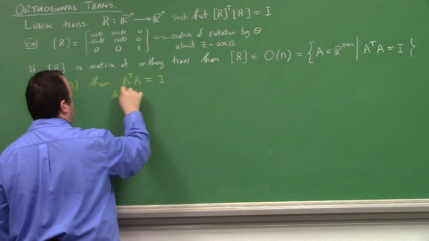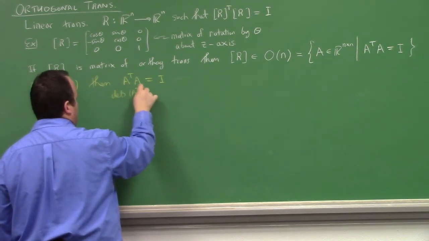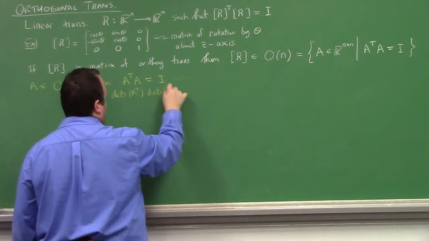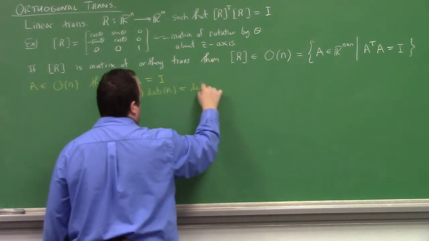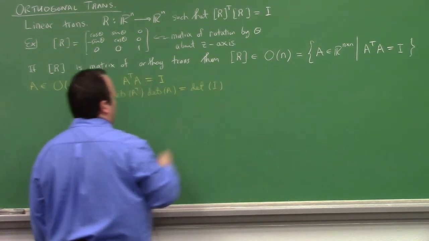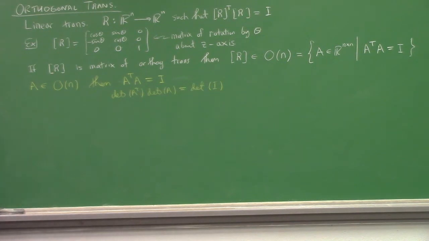So the determinant of A transpose times the determinant of A equals the determinant of I. By the product of the determinants rule, the determinant of the product is the product of the determinants. What's the determinant of a transpose? Wouldn't it be like the I, through the middle, with the diagonal, all the identity?